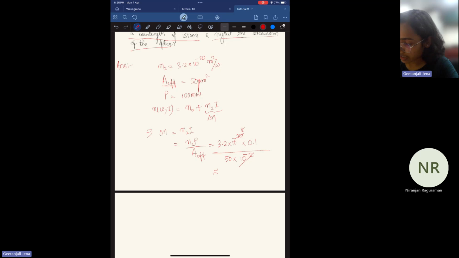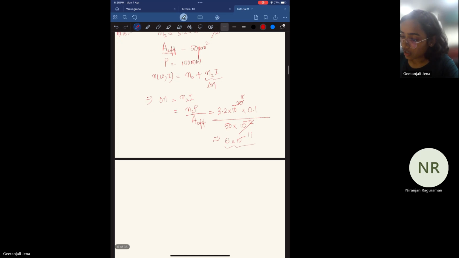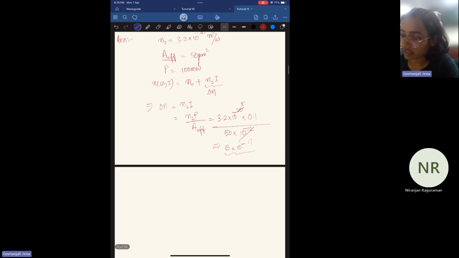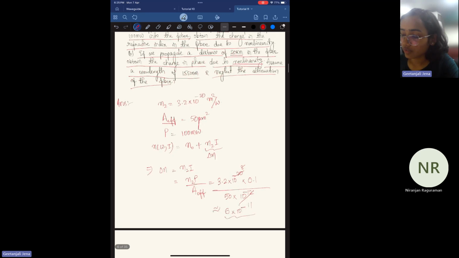So this will give a value 6 into 10 to the minus 11. So this is the change in refractive index, which is a straightforward answer. For the second part, it was asking what will be the change in the phase after covering a distance of 20 kilometer in the presence of nonlinearity.